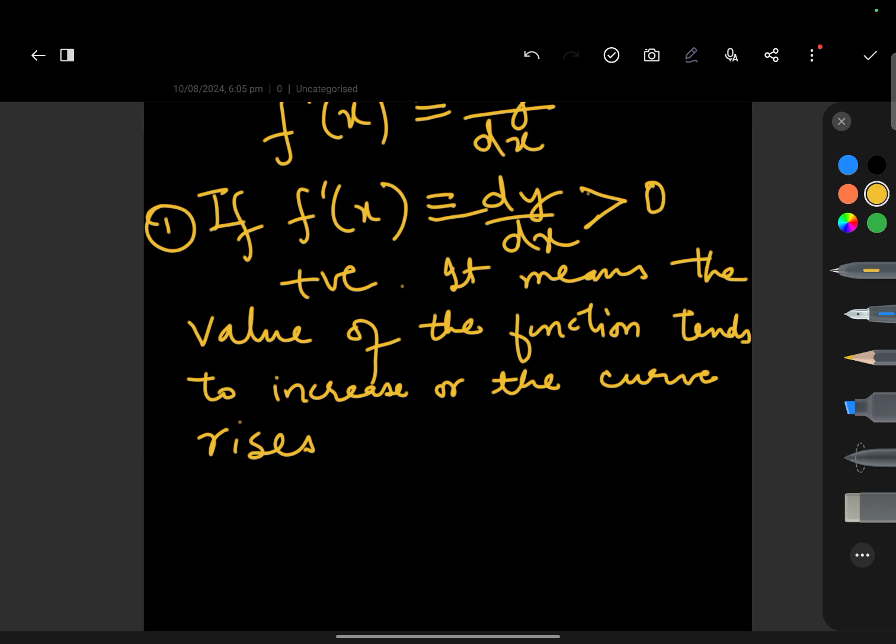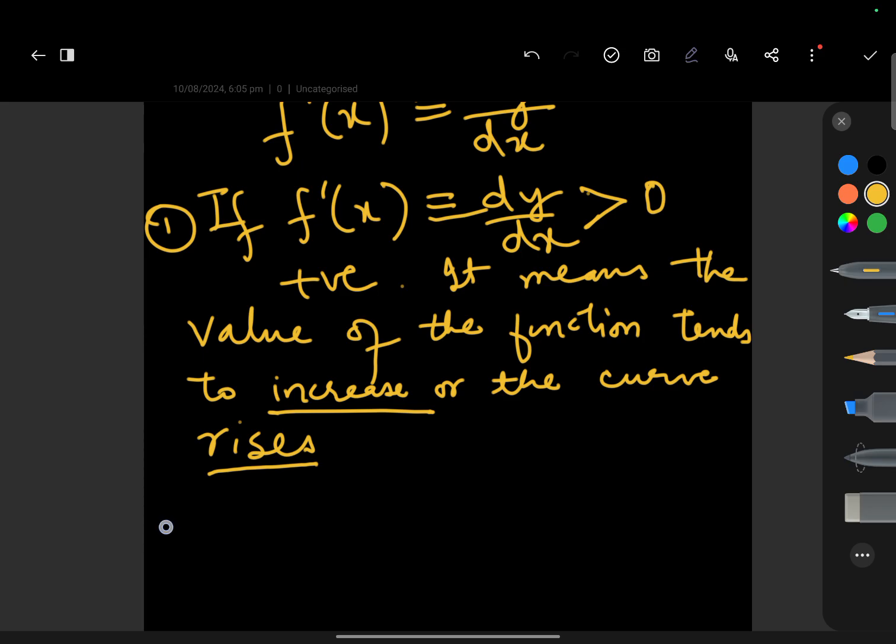So if the first derivative is greater than 0, we come to know that the value of the function tends to increase, and our curve will rise.